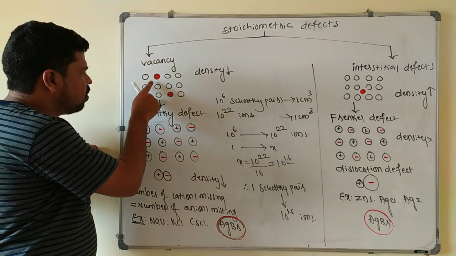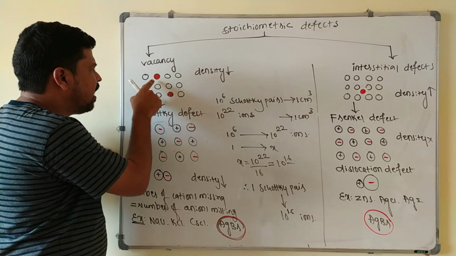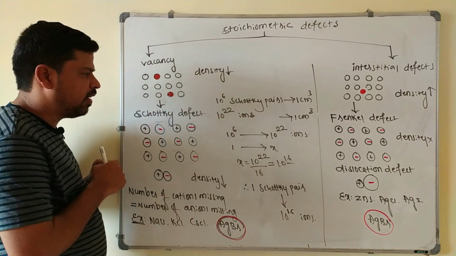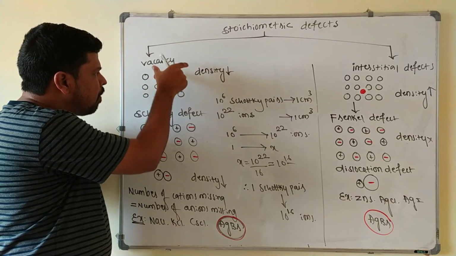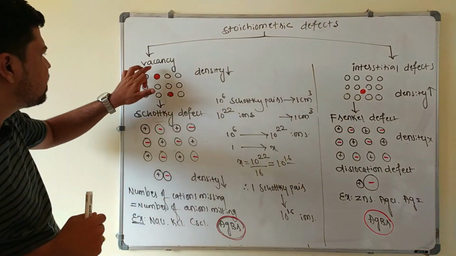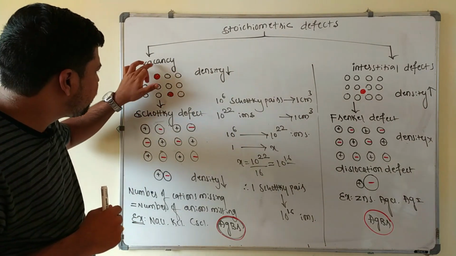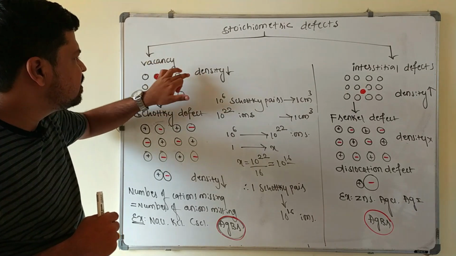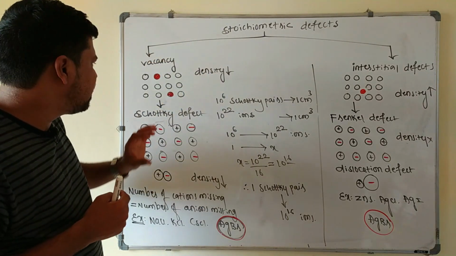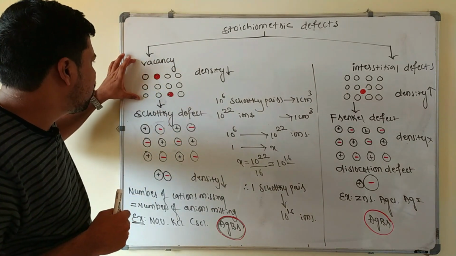In this crystal, two lattice points or two constituent particles are missing, and it is called a vacancy defect. Since particles are missing, the mass of the crystal decreases, hence density also decreases. This vacancy defect is produced just by heating the crystal, so that some of the lattice points will be missing. This is in the case of non-ionic solids.